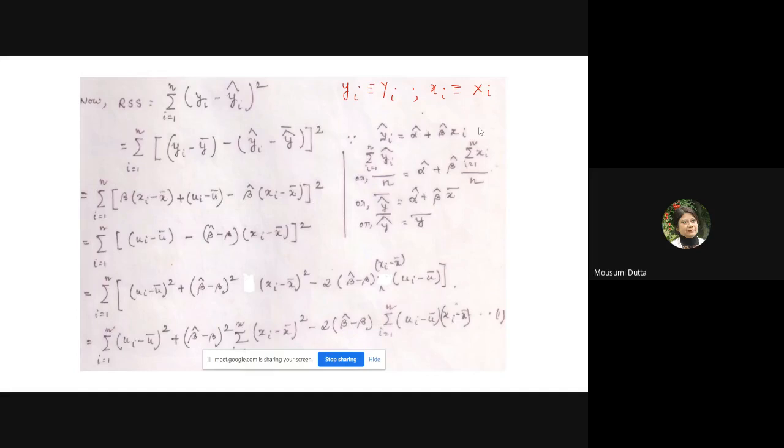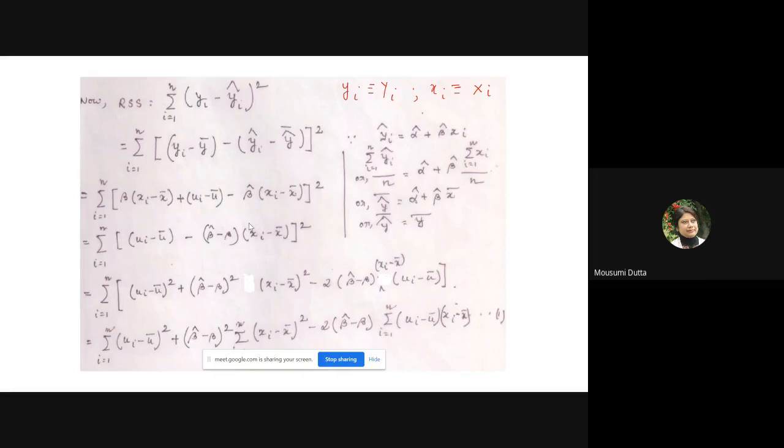So when I am considering yi hat minus y hat bar, the ui minus u bar component will not be there. Please remember, when I am taking yi minus y bar, I am getting beta, and when I am considering the hat part, I am getting the estimated value. The things are equivalent, however, one is presented in terms of the unknown parameter, whereas the other is presented in terms of the estimated values of the parameters.